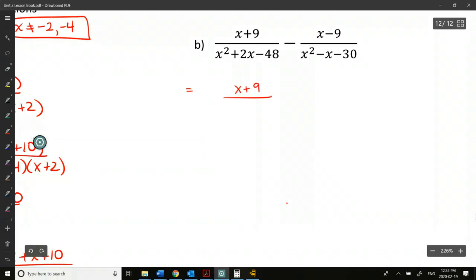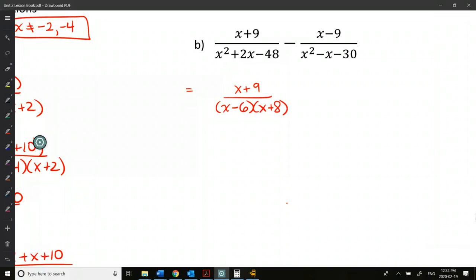Okay, so bottom left, two things that multiply to negative 48 and add to 2. What combination of 8 and 6 works for this? Negative 6 and positive 8.